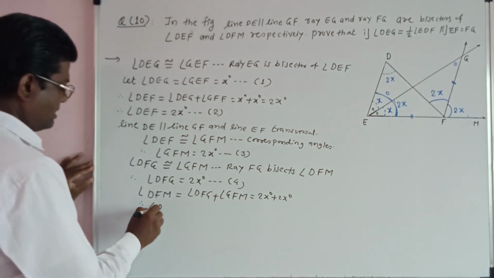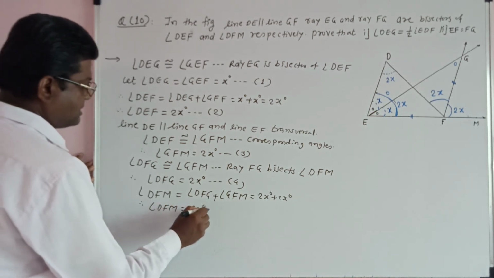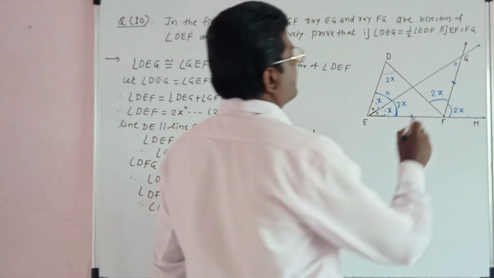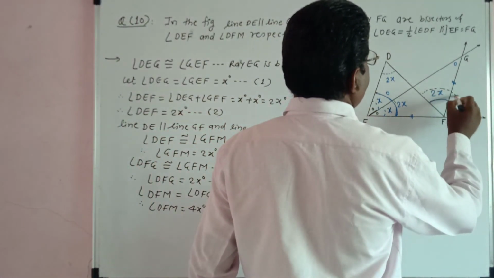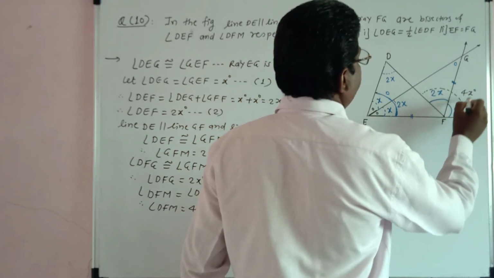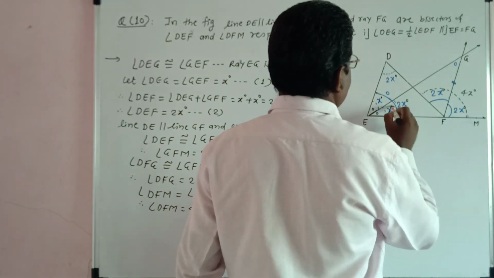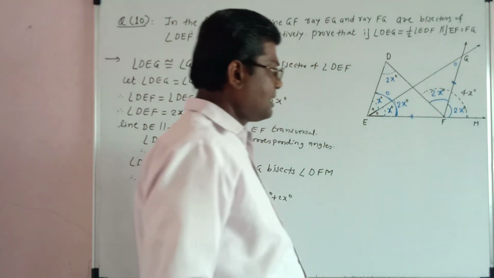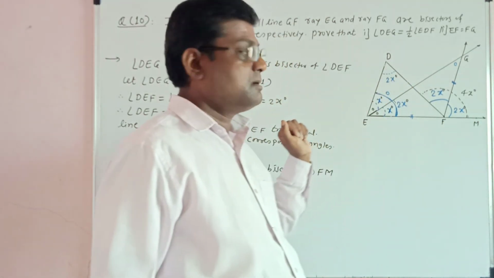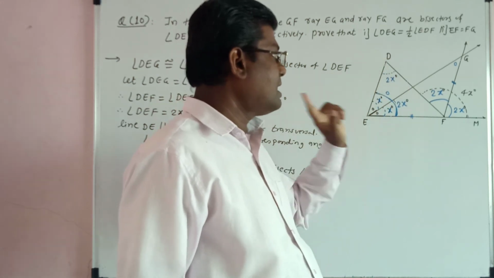Therefore angle DFM is equal to 4x degree. This is equation number 5. Now this angle is 4x degree here. All angles in degree. Now this angle DFM is an exterior angle of the triangle DEF.